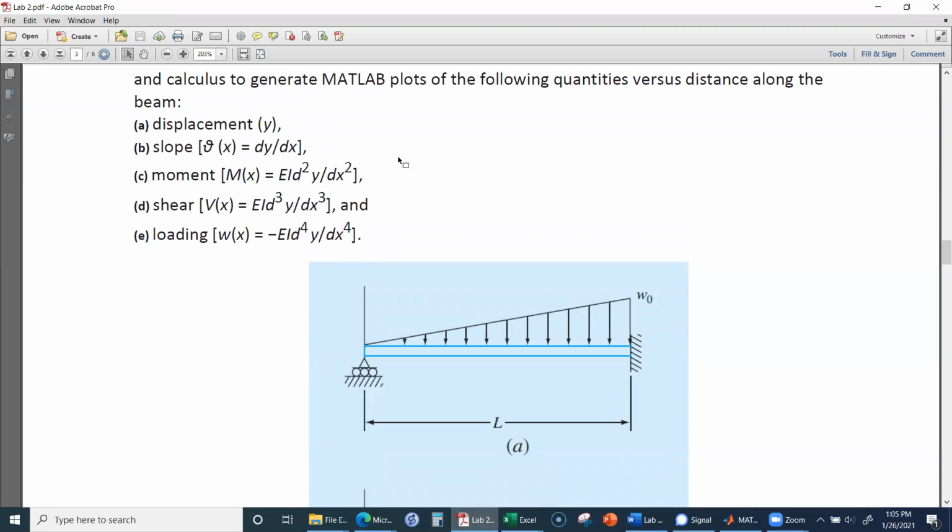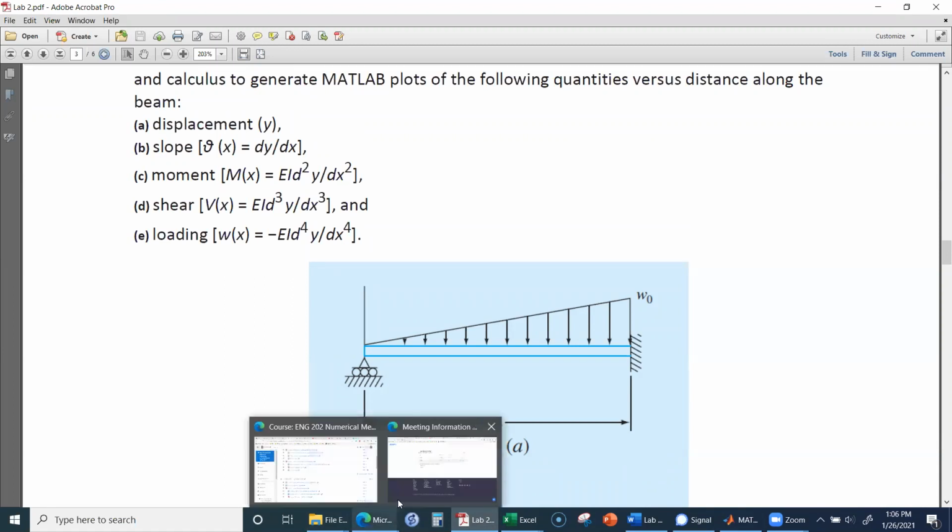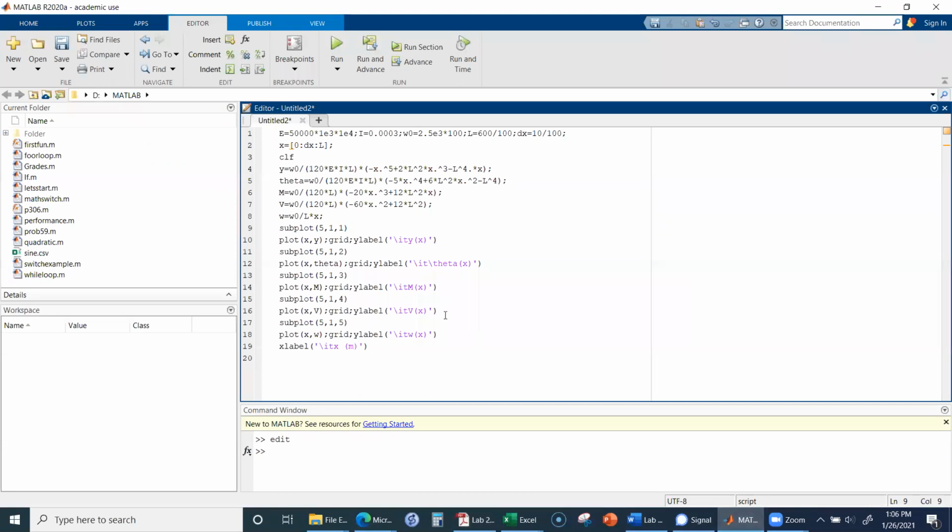Okay, we need 5 plots, and so that's why 5 means the overall plot has been divided into 5 rows. So on the top there will be the plot for the displacement, then for the slope, and then so on. And 1 means there is no second column for the plot.